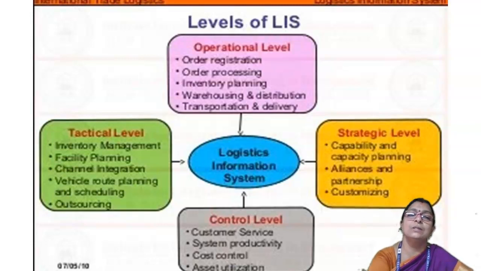The information system needs to provide information on route length, unloading and loading points on the route, time taken for the vehicle to reach the destination, the replenishment frequency at various distribution centers, and the shelf life of the product, whatever the product you are dealing with. So depending on the replenishment frequency, the time you have taken for ordering and replacing the product, the vehicle schedules can be increased or reduced.